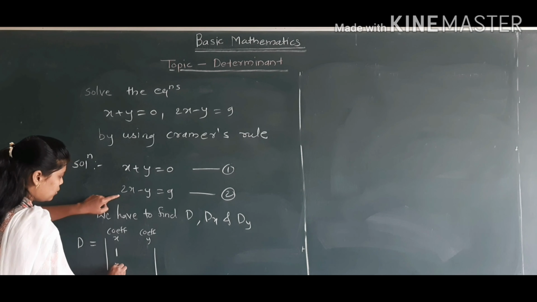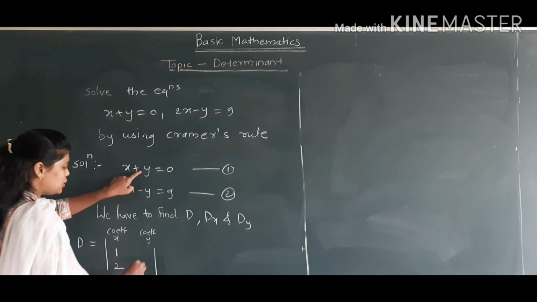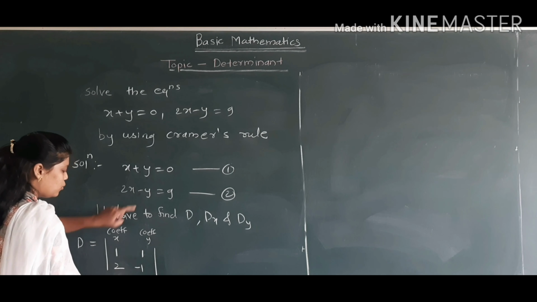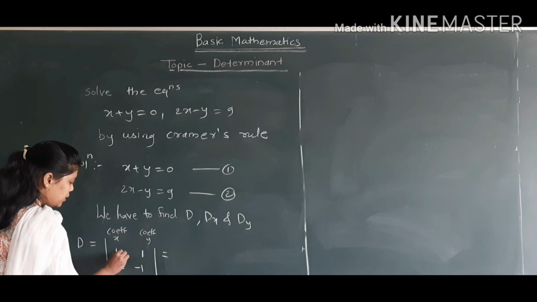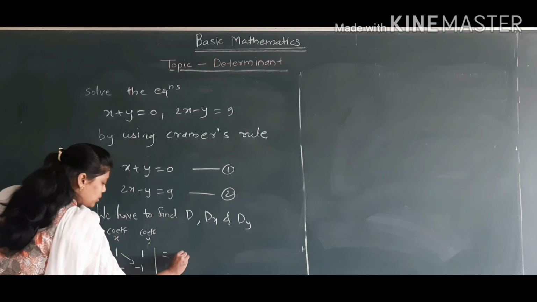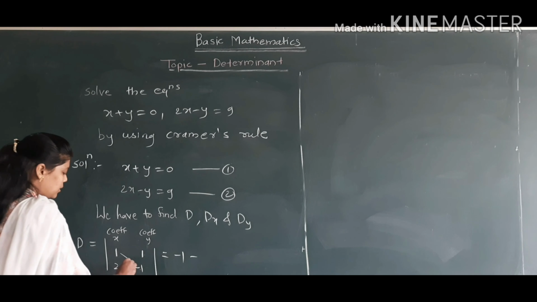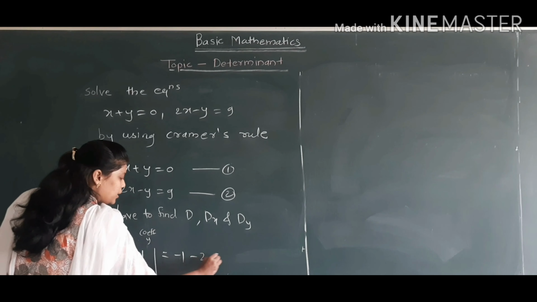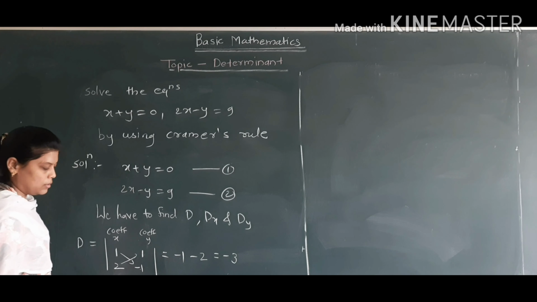In the second column, the coefficient of y is 1 in equation 1 and minus 1 in equation 2. Now solve the second order determinant: 1 into minus 1 is minus 1, minus 2 into 1 is 2, so minus 1 minus 2 is minus 3.